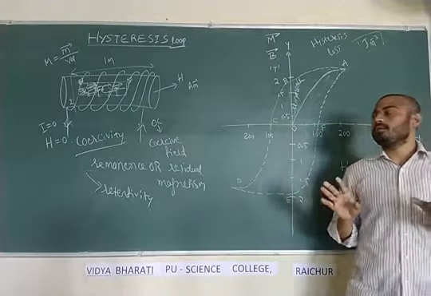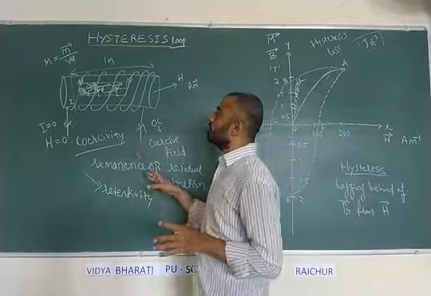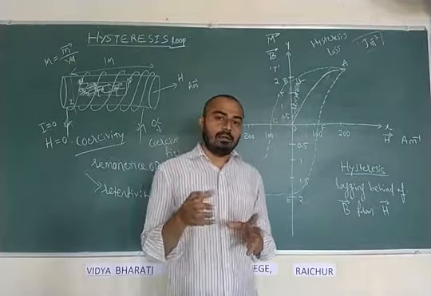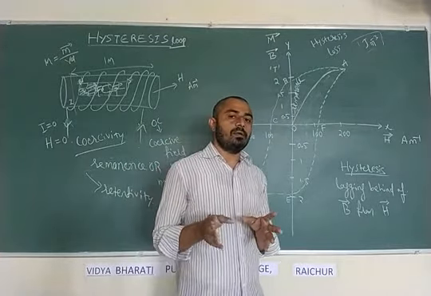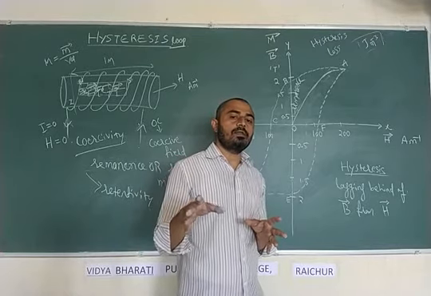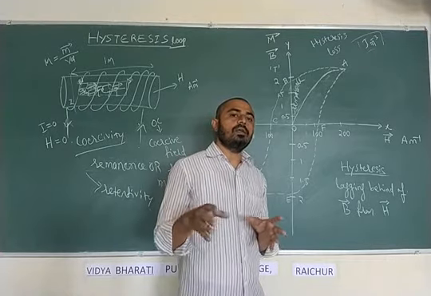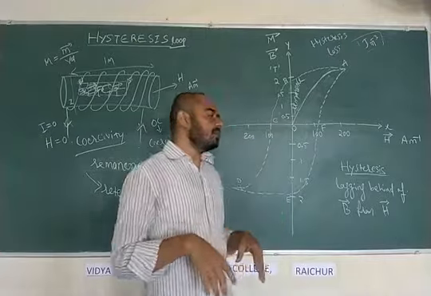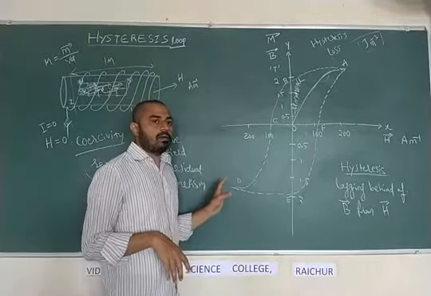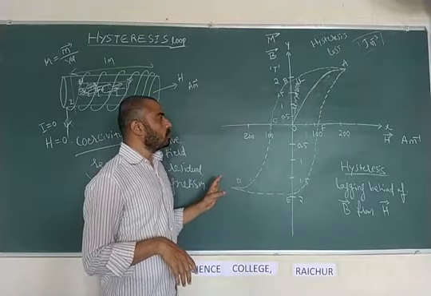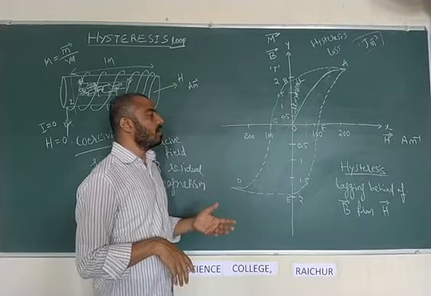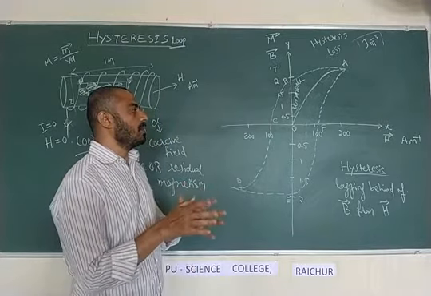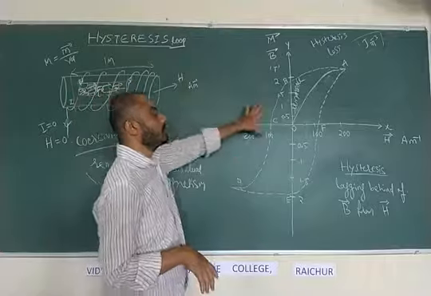That's why it is used to make a temporary magnet or electromagnet. Similarly, even in a transformer, the alloy is chosen depending upon its coercivity and retentivity. To choose the materials required for a particular purpose, this hysteresis will help us.